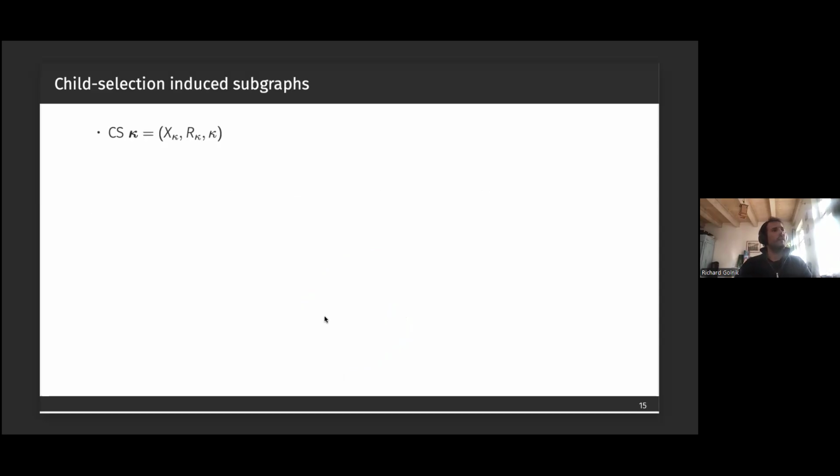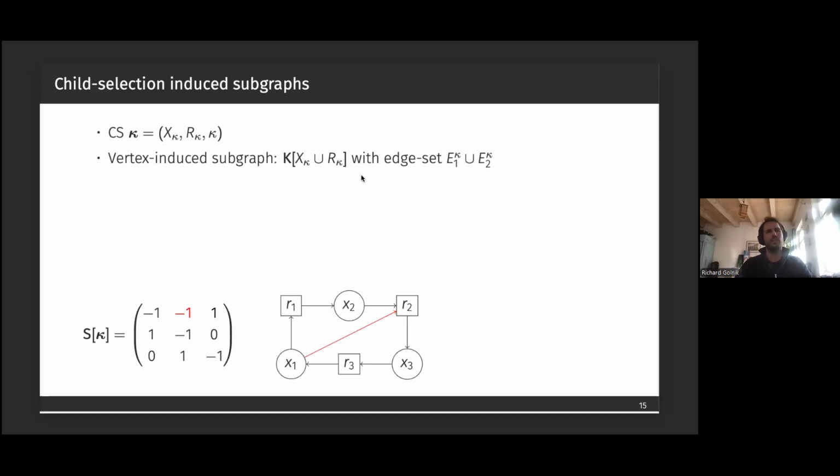We can also have the other perspective on the graph: given a child selection, what kind of subgraphs do we find? We have two kinds of induced subgraphs that we can define here. We have the vertex-induced subgraph, which is induced by the subset of the species and the subset of the reactions.